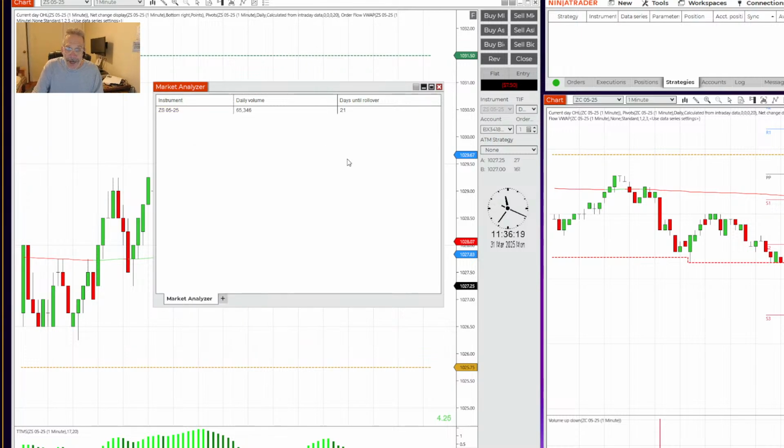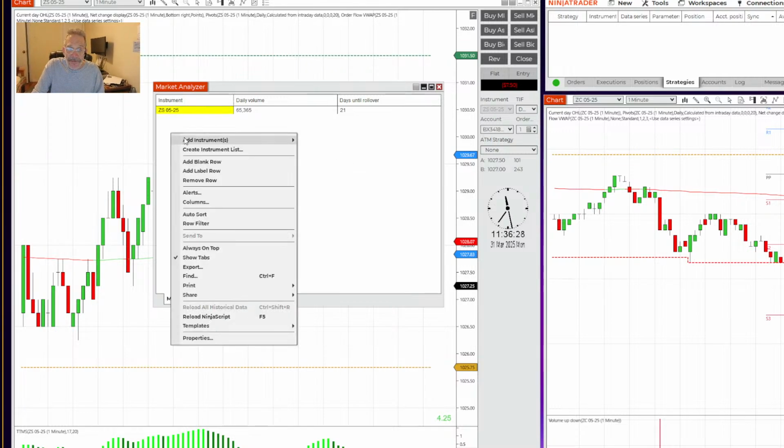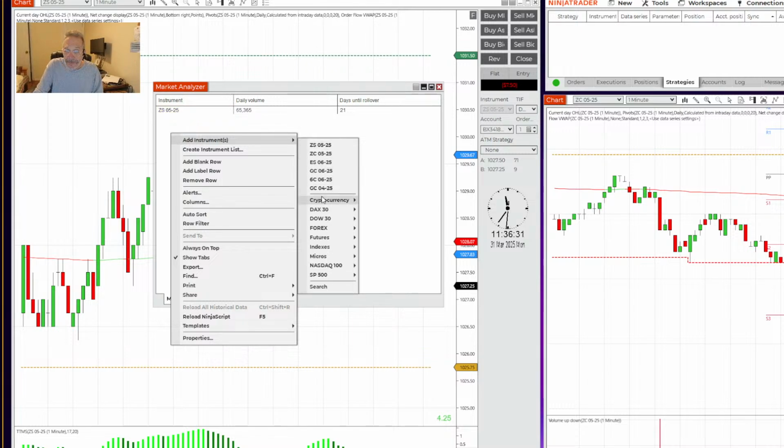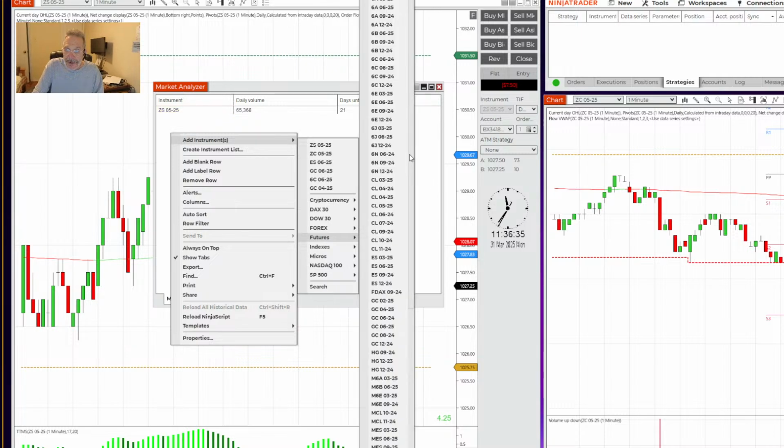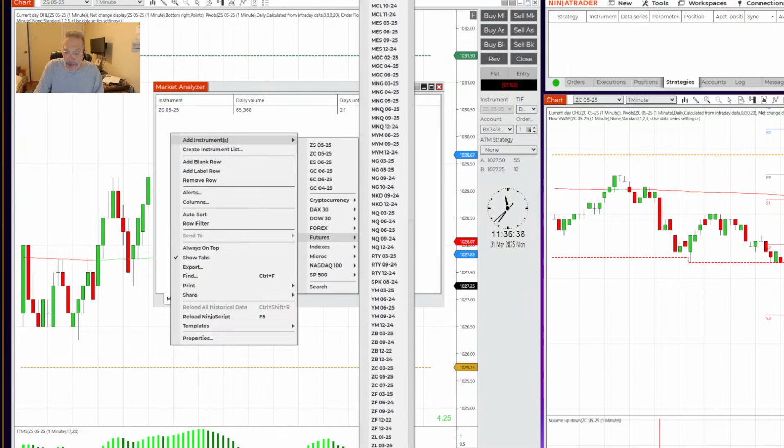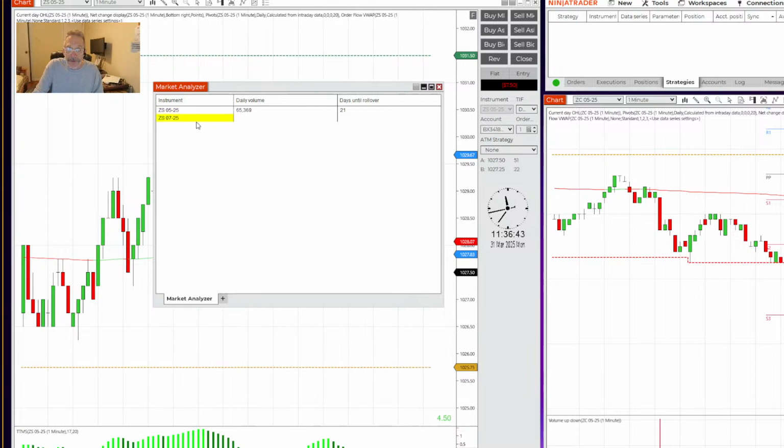Now I know we're not trading ZS 325. That's not even a possibility. But grains are funny. ZS 725. If we have a 7, let's find out. Futures. I've added most instruments going forward. ZS 725. It has pretty strong volume, but nowhere near the 525. So that's one way you can double check that you're trading the correct instrument.